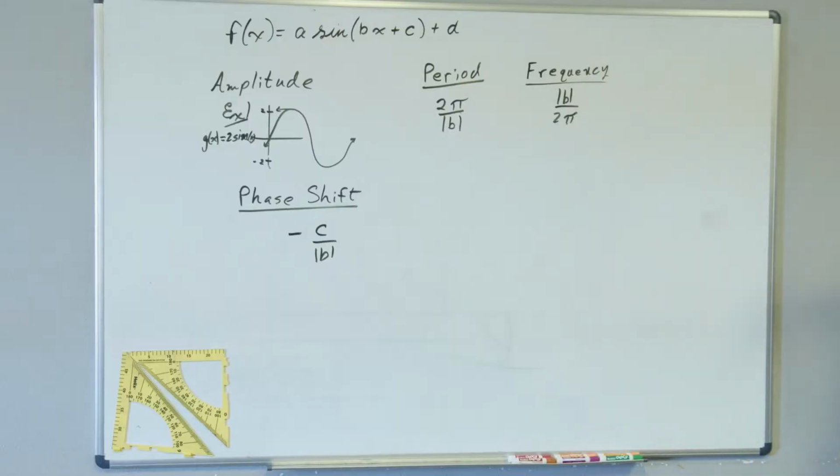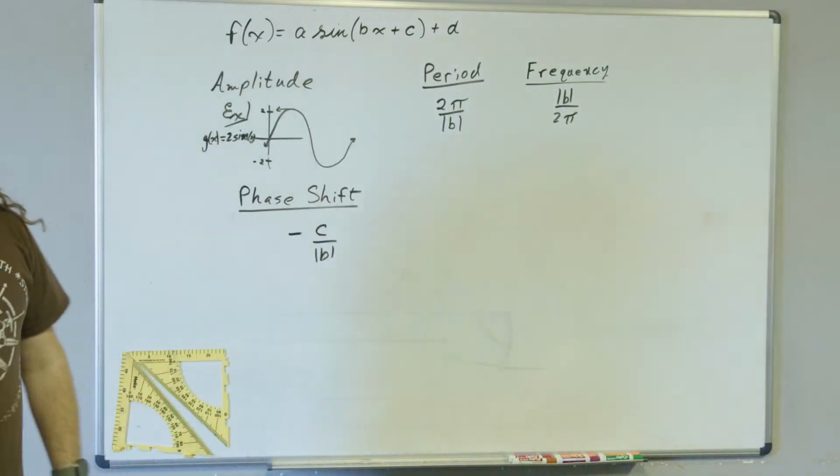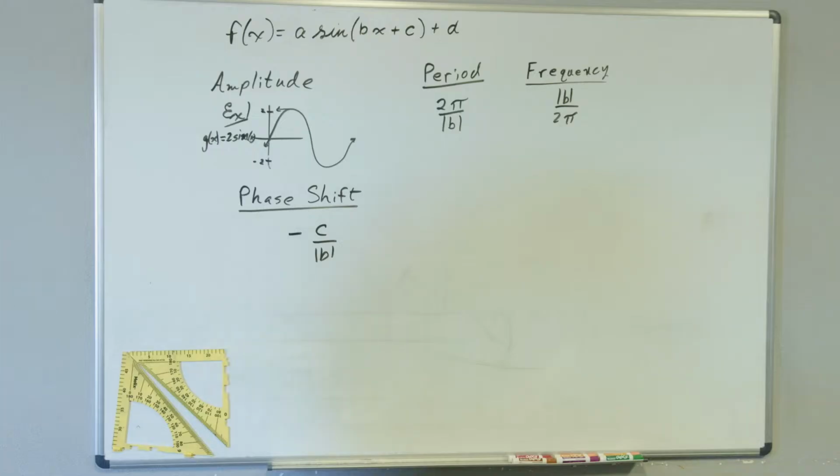Which is how it works in all the other parent functions. Yeah, that's why I like the other one better, personally. But this is the way the book does it, so to keep our consistency, that's how it goes. Because the other one keeps my phase inside opposite and all that stuff.